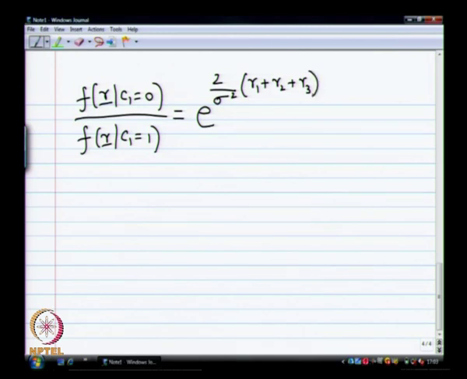You can do that work, it is just basic algebra. You can cancel it out and subtract it and you will get this answer: 2 by sigma square into r1 plus r2 plus r3.